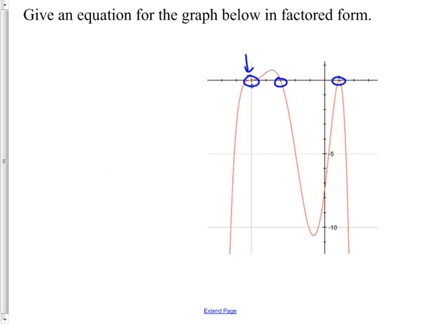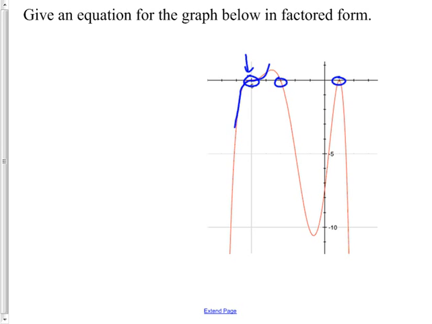I've noticed on these that they're always increasing the whole time or decreasing the whole time, but they change which way they're increasing. Like this one's increasing at a decreasing rate, and then it changes to increasing at an increasing rate. So it's all about whether or not it's changed rates.